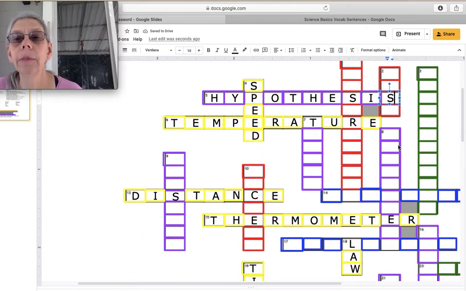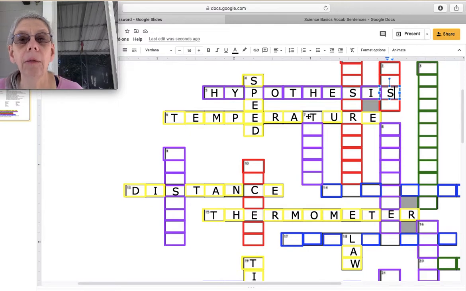Okay, 2 down is related to this. That's not 2 down, I'm so sorry. That's 7 down. 7 down, statement of how something happens in the universe supported by evidence.